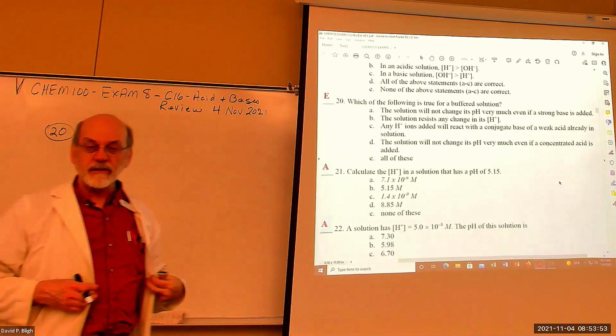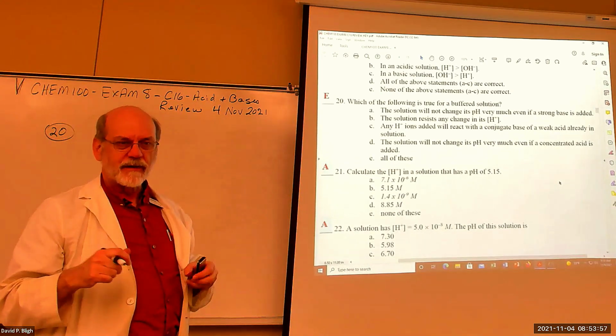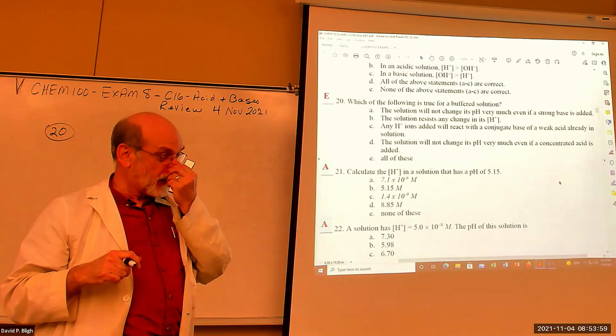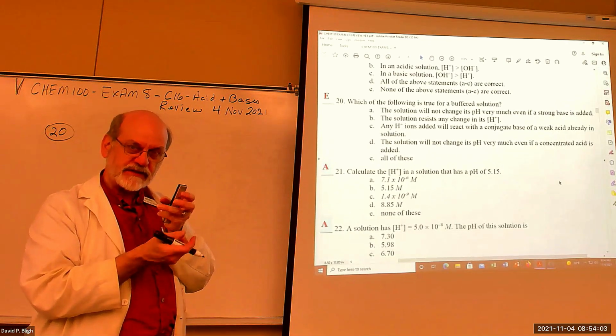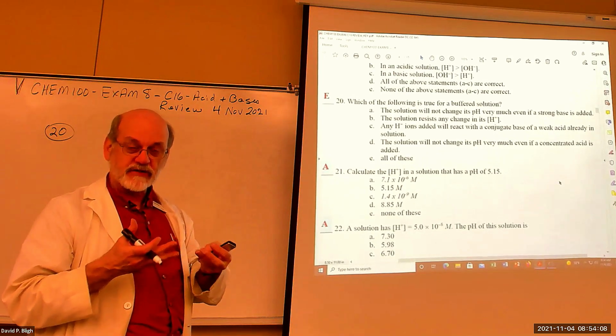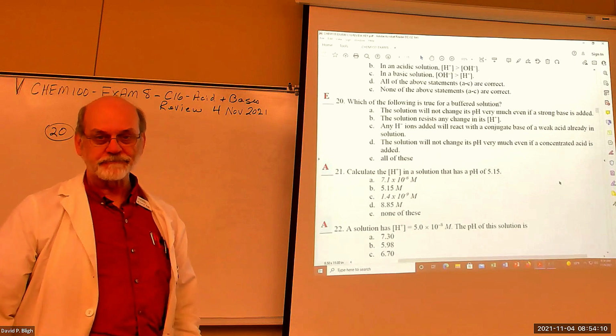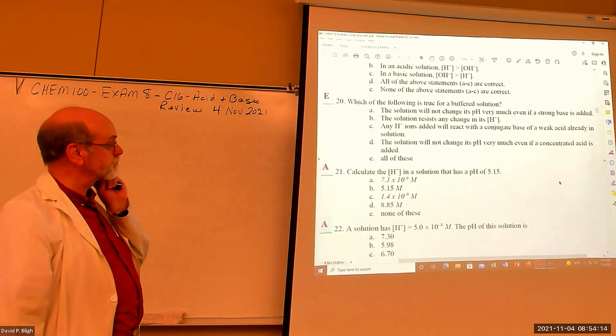We have electronic meters that use a special probe, and you put it in your solution, and based upon some chemistry that happens at the tip of that probe, it's interpreted by the instrument as a pH value, and it gives you that value on the meter.